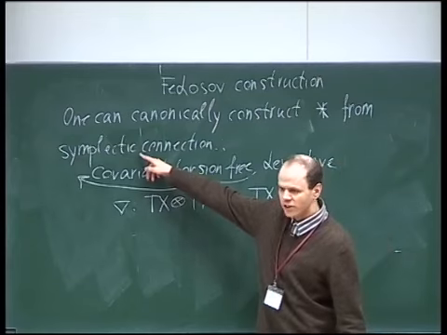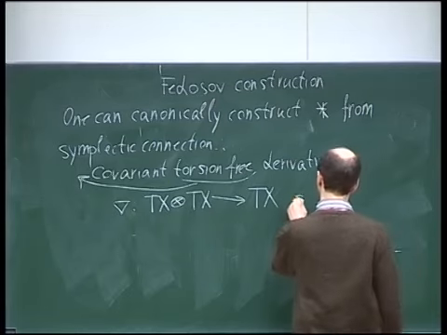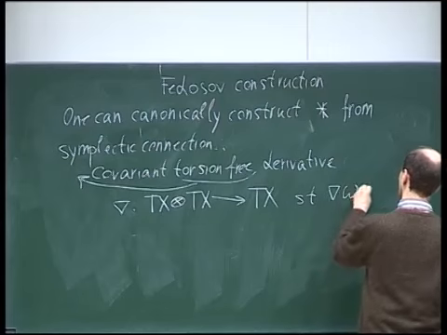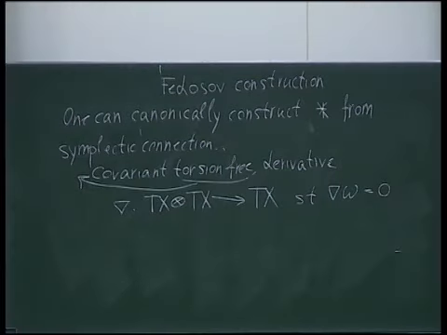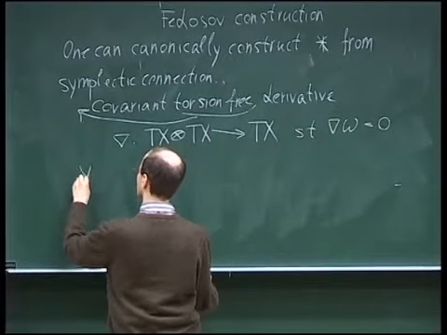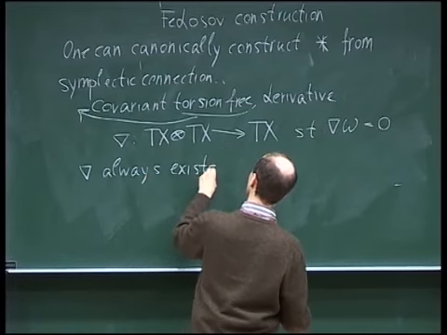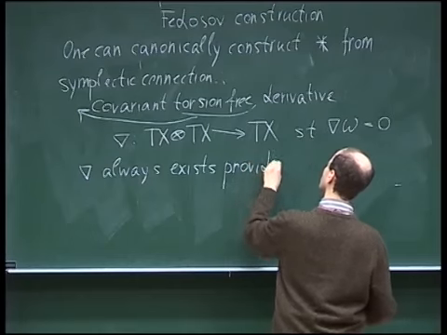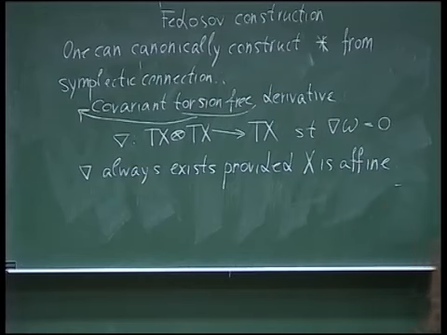And symplectic means that nabla annihilates the symplectic form. What one should know about symplectic connections is that such a connection always exists on affine varieties. And our varieties are affine.